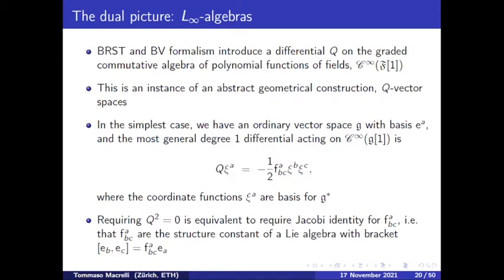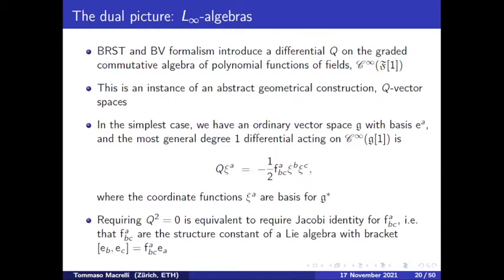The simplest possible example is the one where we have an ordinary vector space, and the most general degree 1 differential that acts on the algebra of functions of the fields is given by this expression in the center of the slide. And psi are the coordinate functions, that is the dual basis of the dual vector space. And it is given in terms of some structure constants.